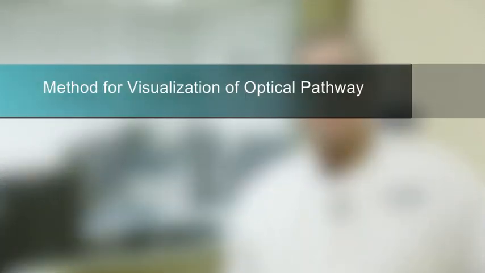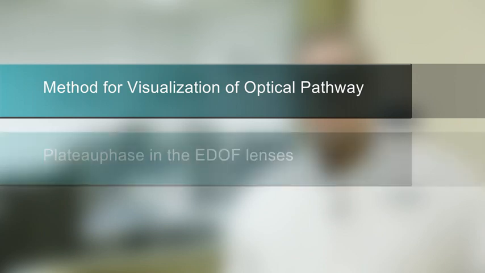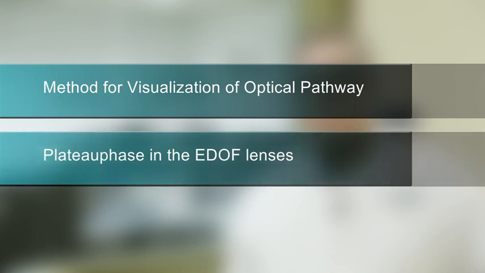What can we learn from this experimental study? The visualization of the optical pathways could show us the differences among the trifocal intraocular lenses, especially in terms of the position of the intermediate focus. We could see the plateau phase representing a kind of EDOF, extended range or elongated range of focus in the EDOF lenses.